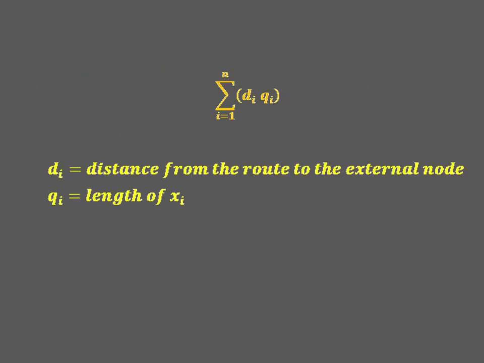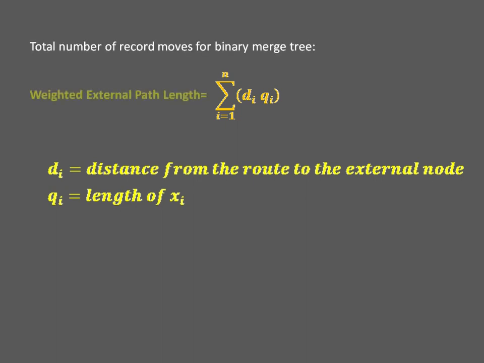Now this is the formula to find the total number of record moves for the binary merge tree. The formula is the summation of i equal to 1 to n of di into qi. This sum is also called the weighted external path length.